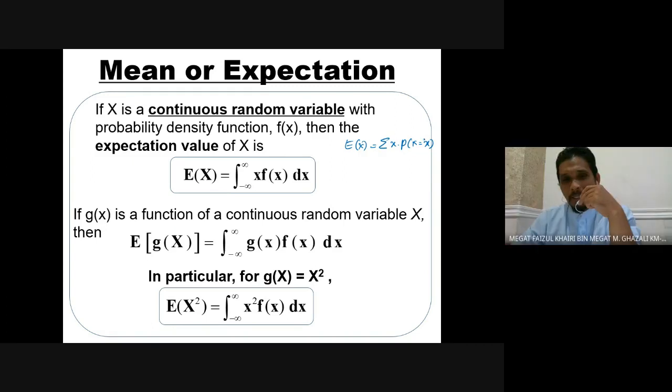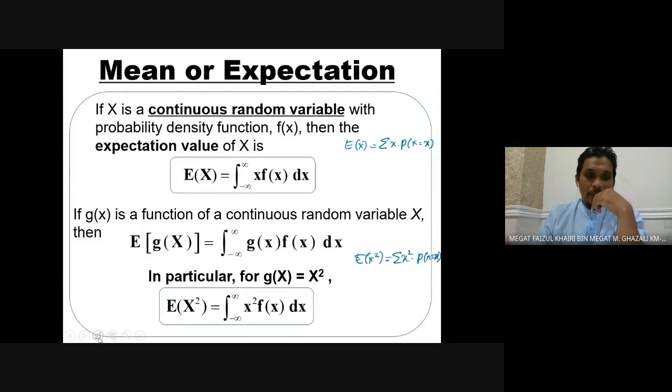Ingat. Yeah, okay. And then for discrete, when you talk about E of x squared, means that it is we call hasil tambah, we call summation of x squared multiplied with probability of x. Okay, so the principle of continuous random variable to find the mean and variance are almost the same like the discrete.